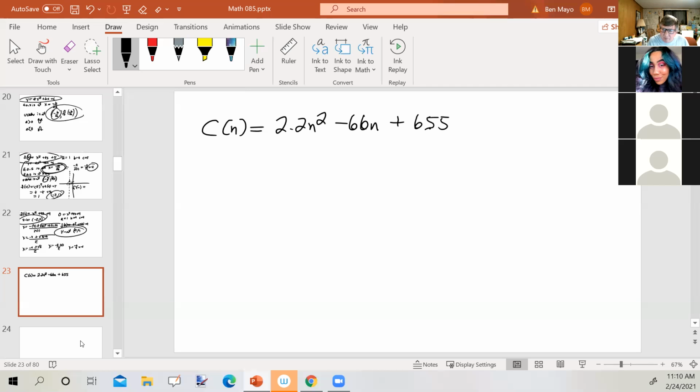Its graph is going to be a parabola. Its leading coefficient is positive, so our graph is going to be a parabola opening upwards. The vertex of that parabola is going to be an ordered pair in the form n and then C of n. N is the input, C of n is the output.